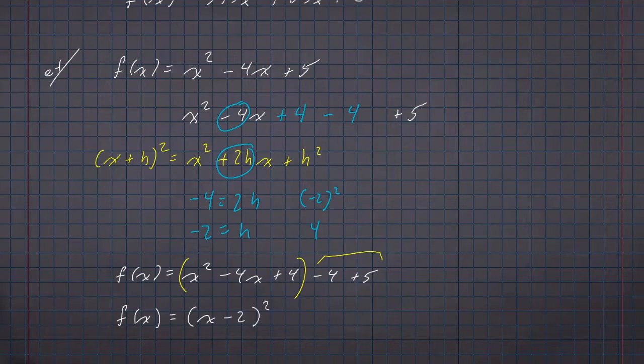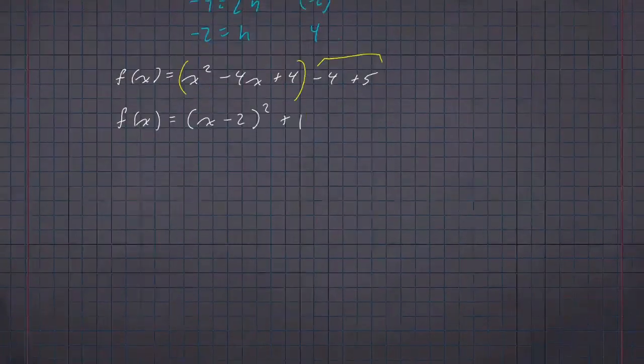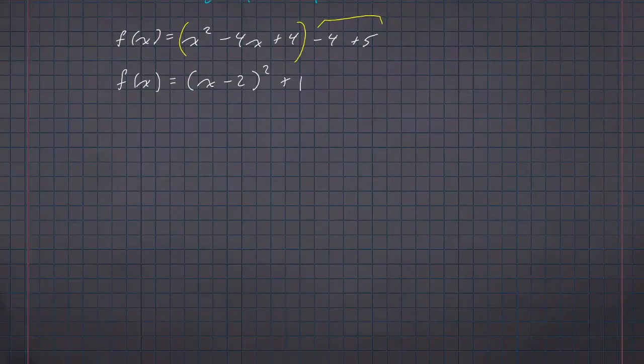And then minus 4 plus 5, simplifying that gives us plus 1. We've taken a function given in the general quadratic form, turned it into the function in the form that we had been studying. So now we can read this function, determine the vertex of the parabola, the axis of symmetry, and go from there.